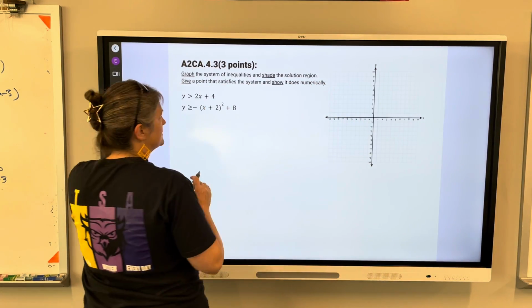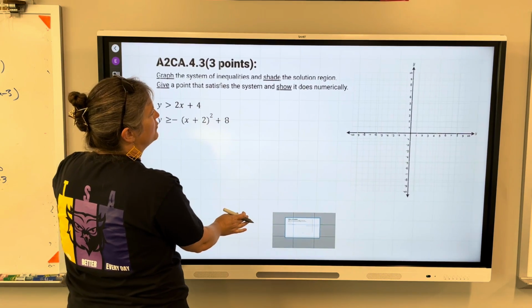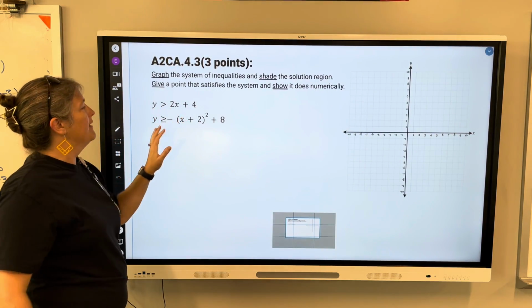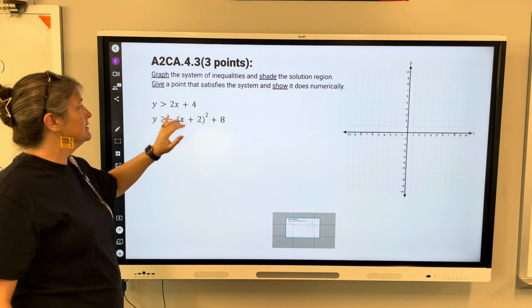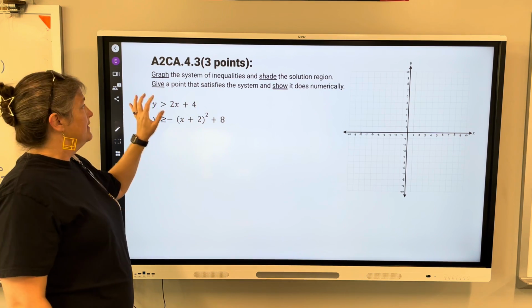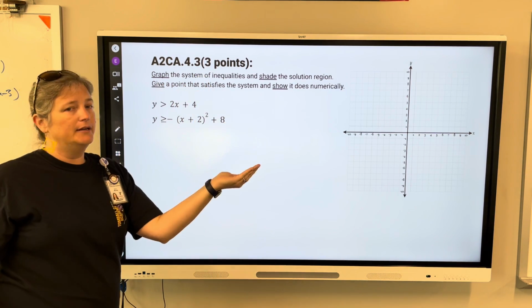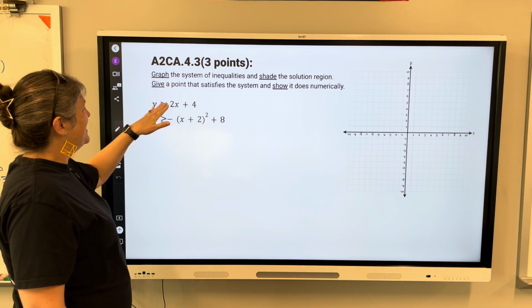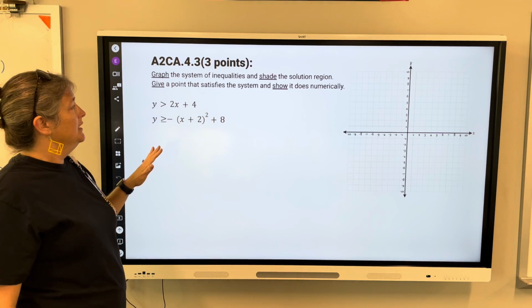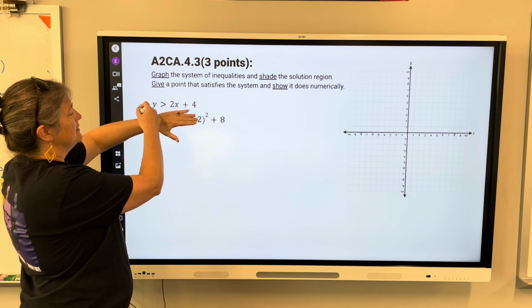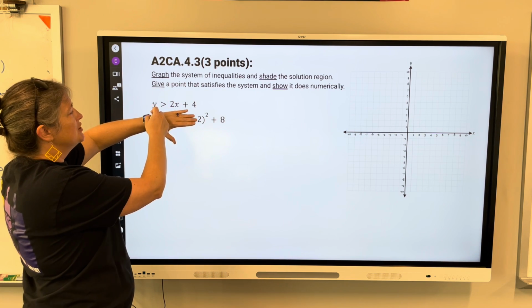Now 4.3 asks us to graph the system of inequalities. So this time I have to graph exactly what's here. Because there's a y and an x here, that defines a very clear boundary and a shaded region, because it's all the x's and y's who have this relationship.